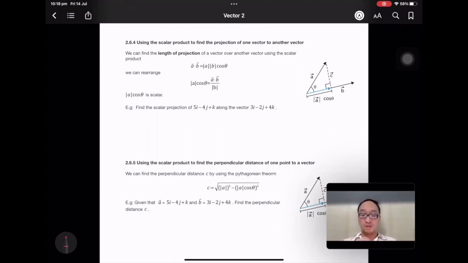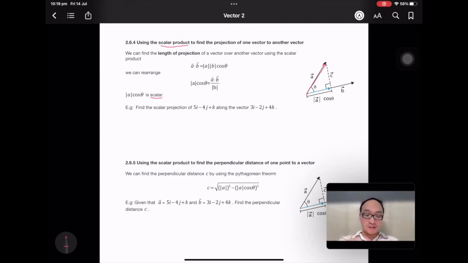So if you have a vector A and another vector B, we can find the projection of vector A on vector B. In this case, the blue one is the projection of vector A on vector B. Because we are using the scalar product, the result of the projection is also a scalar.